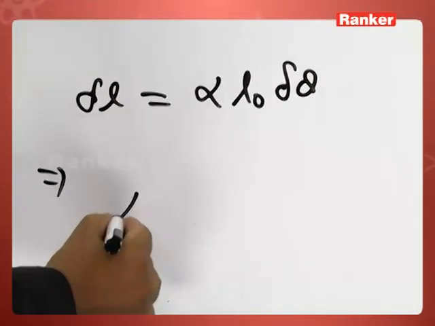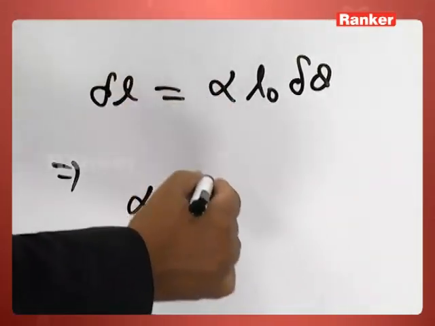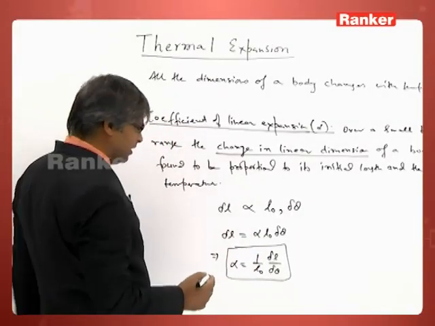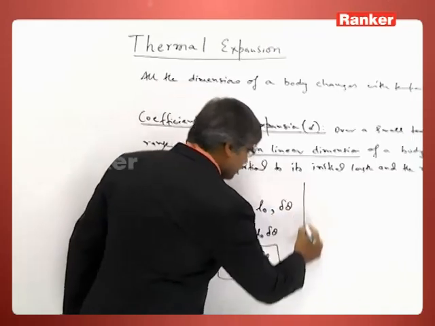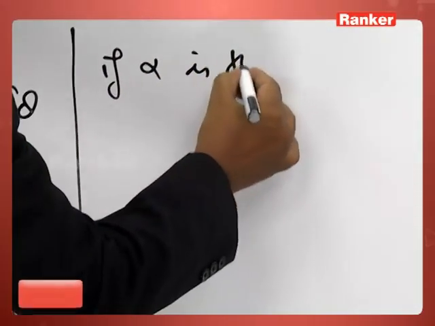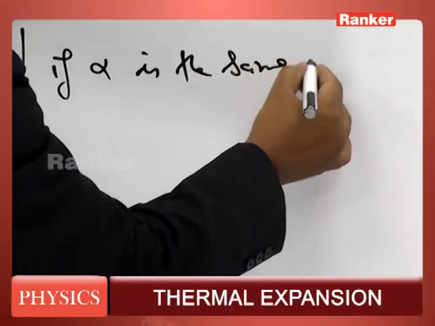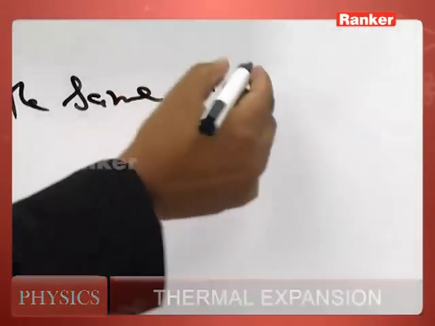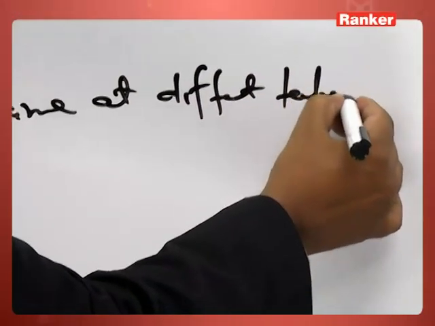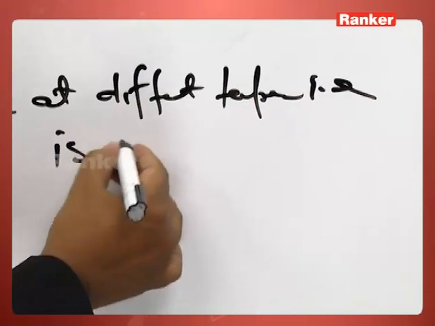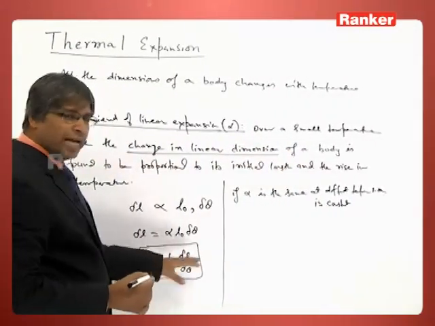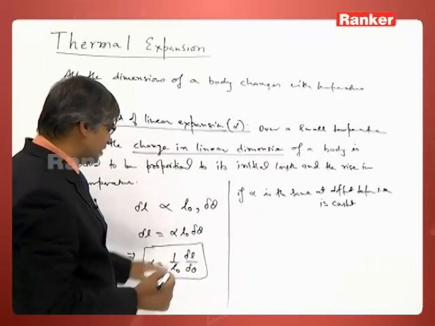So, we can have a definition of alpha: alpha is 1 by L naught, delta L by delta theta. Now, if alpha is the same at different temperatures, that is, if alpha is constant, that it does not vary with the change in temperature.